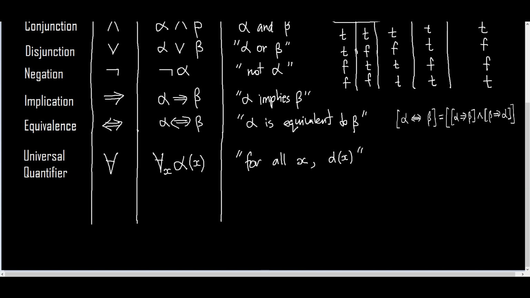So we have a logical symbol for expressing that some statement is universally true irrespective of what value x obtains, that this must be true. For example, we could have alpha x saying that x can talk, and if our variables represent human beings, then we could make a claim that every human being can talk by writing for every x, alpha x.